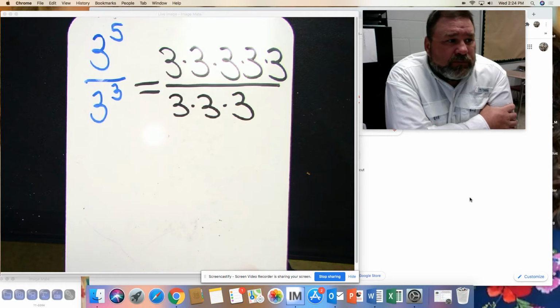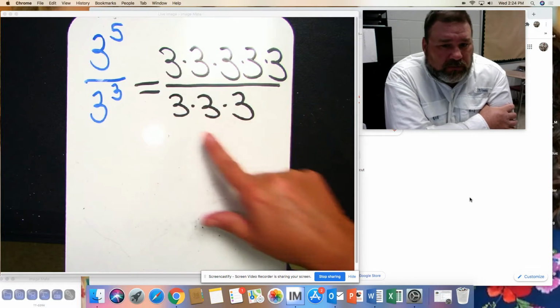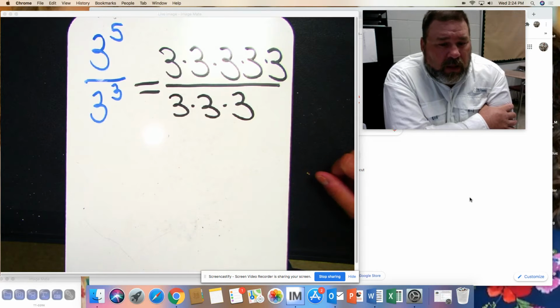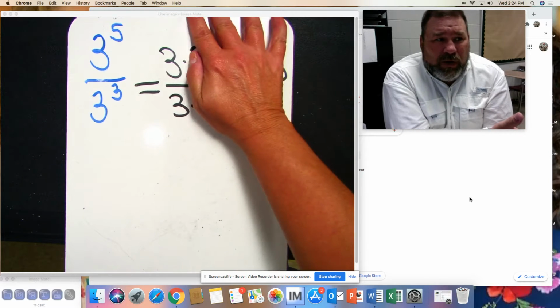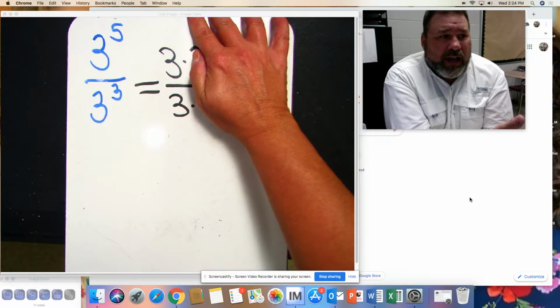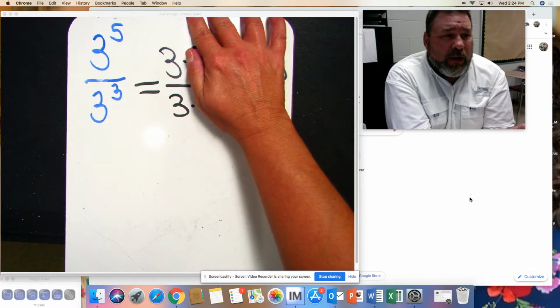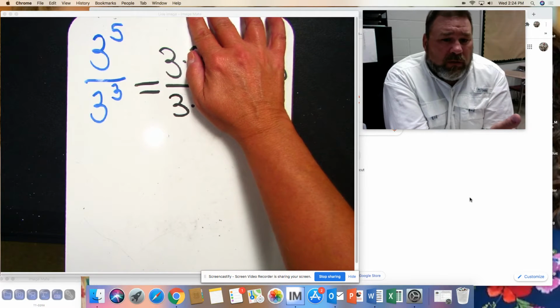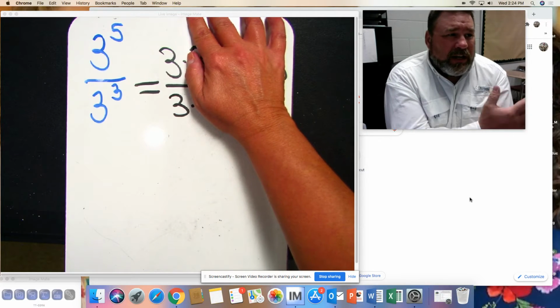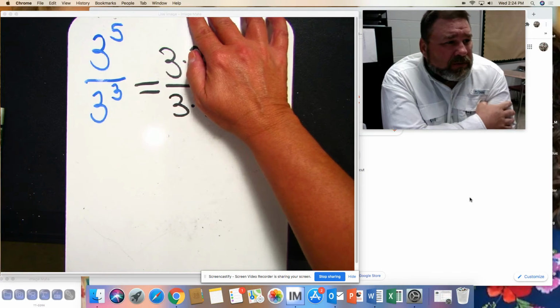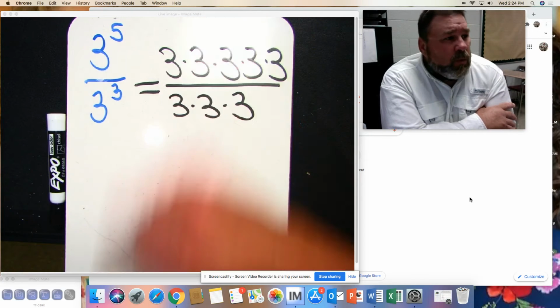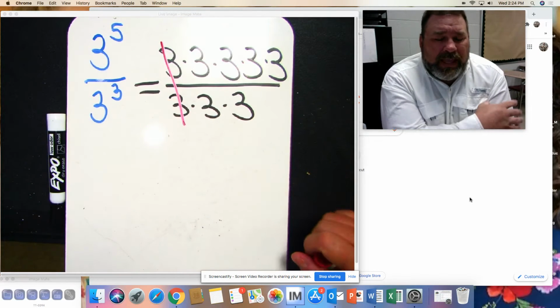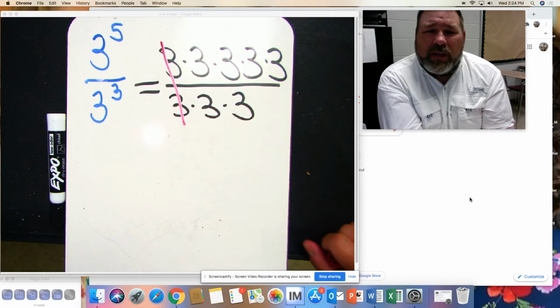Now, if I look at this, what can I do to simplify this fraction? Well, anytime we had a fraction, we could divide out common factors, couldn't we, Miss Powell? What's a common factor between that numerator and denominator right there? Well, it's a 3. And so it's like a number divided by itself. So 3 divided by 3 would be what? 1. So that marks out. Yeah, and we say they cancel out, but what are they really doing?